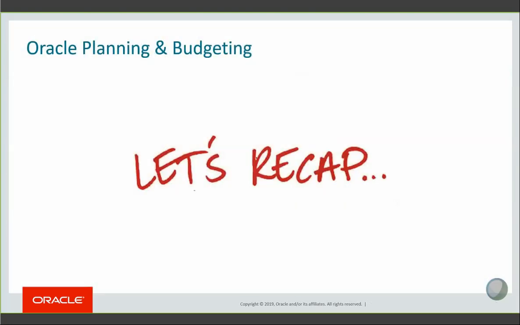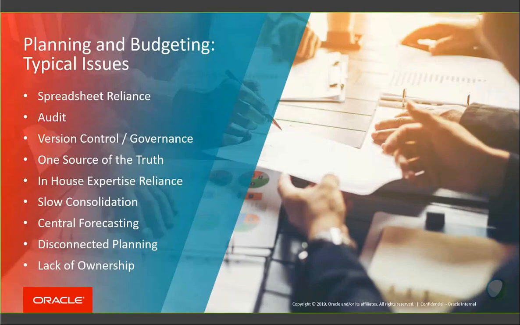Okay, so let's go with the recap, and as usual, we started off with some of the typical planning and budgeting issues within systems such as maybe Microsoft Excel, whereby you're planning using that particular tool, or maybe another third-party tool that might not have all the capability required, or potentially not implemented as you would have liked.